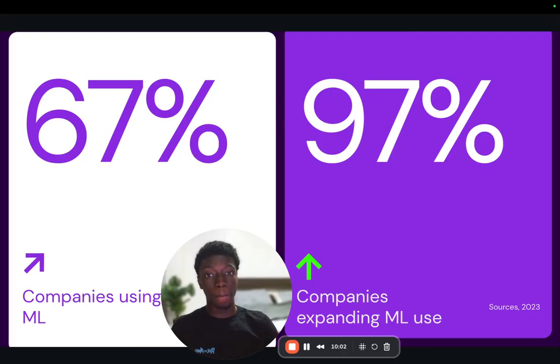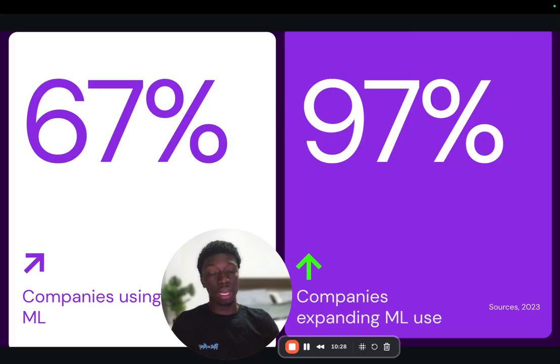97% plan to increase their investment in machine learning, again according to Deloitte. 42% of large enterprises are using AI today, according to the IBM Global Index. Also, 59% of early adopters increased their AI spending this year.